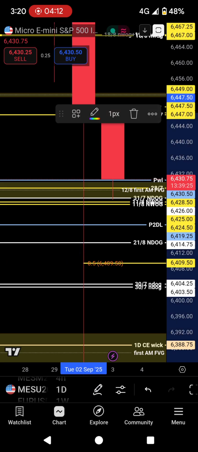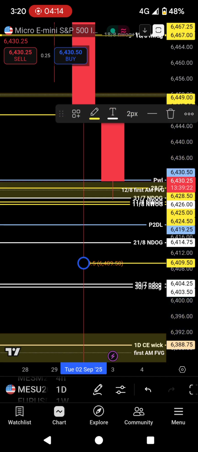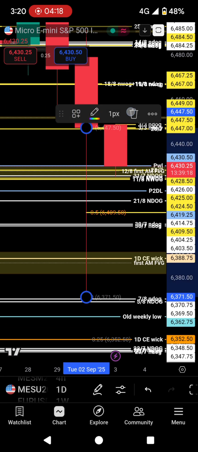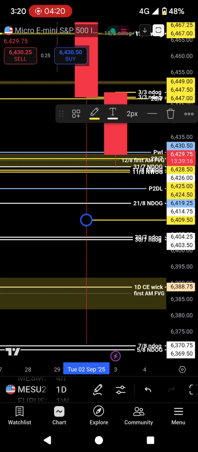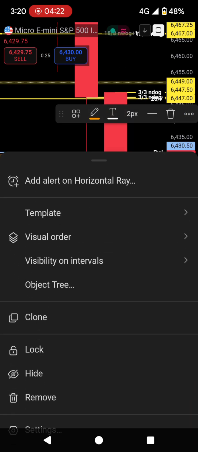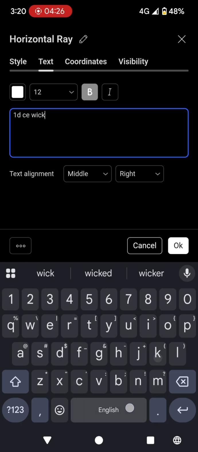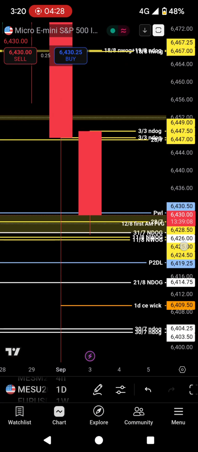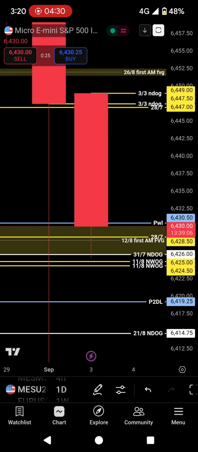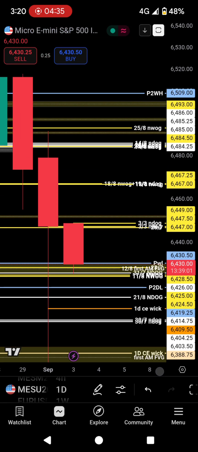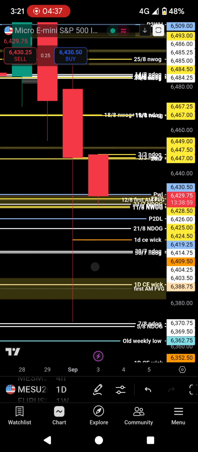So draw this daily CE week. So if we reject below this previous week low, then to the downside is going to be this daily CE week.